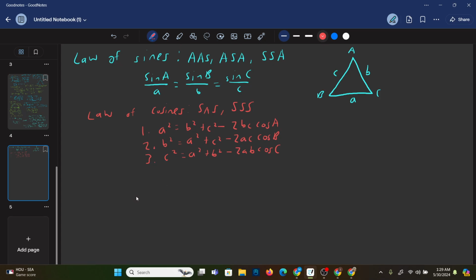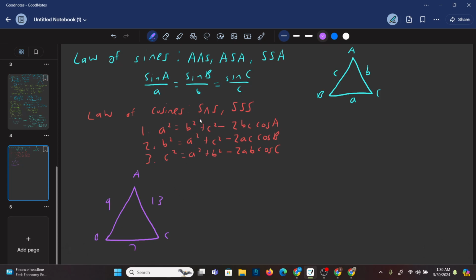So if we have a triangle here, and we call it A, B, C. And for the sides, we have 9 here, 13 here, and 7 here.